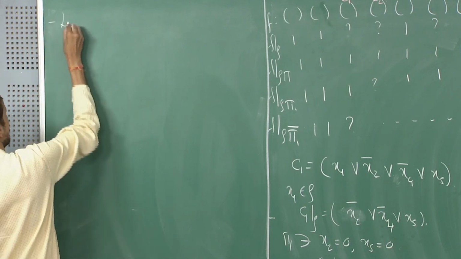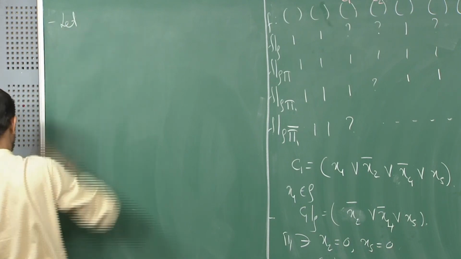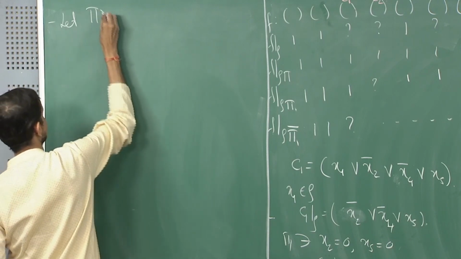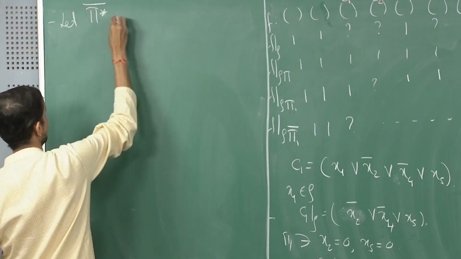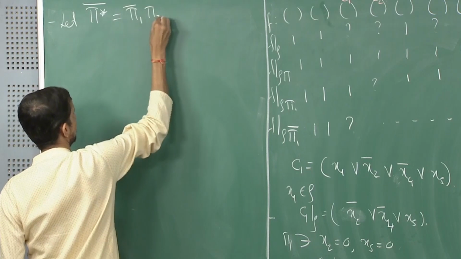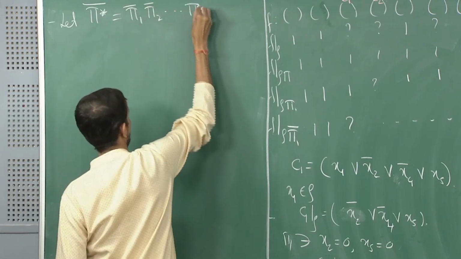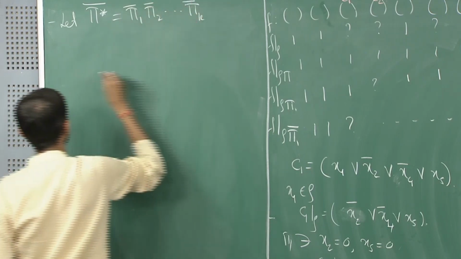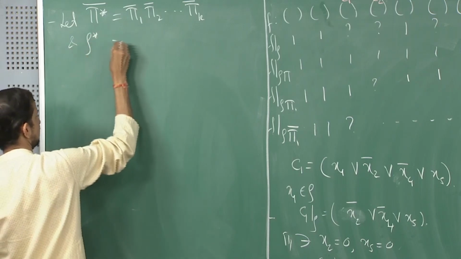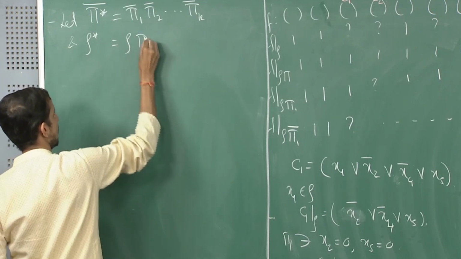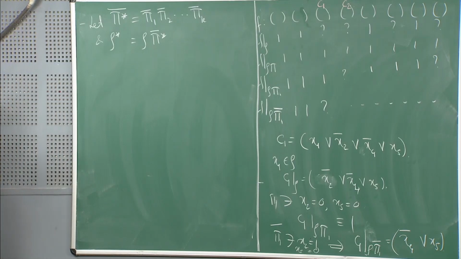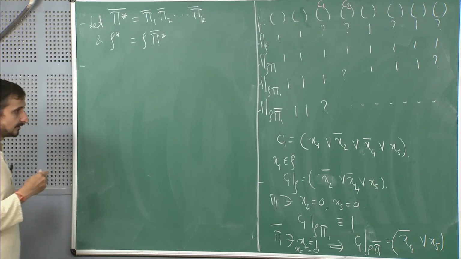So, let pi star bar be equal to pi 1 bar, pi 2 bar up to pi k bar, and rho star is equal to rho pi star bar.